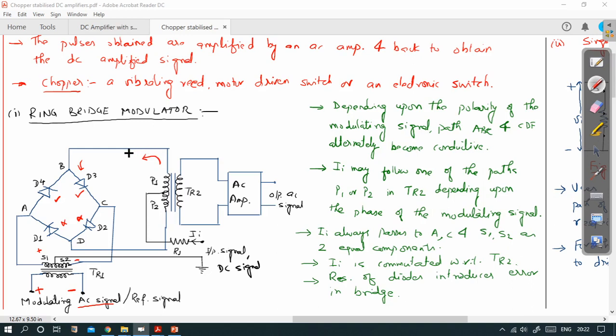So this path will be followed by I1. The loop is closed, the loop is complete.